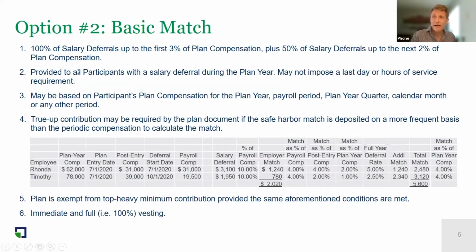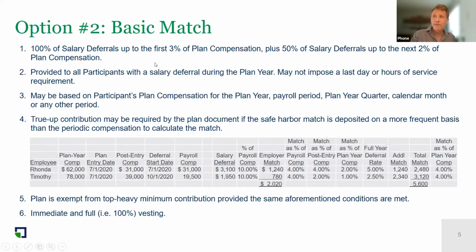This match is provided to all participants with a salary deferral during the year. And again, you can't impose a last day or hours of service requirement. If they made a deferral, they're going to get the match. Okay. Again, it may be based on a participant's plan compensation for the plan year, the payroll period, the plan year quarter, calendar month, or any other period. Okay, that is defined in the plan document.